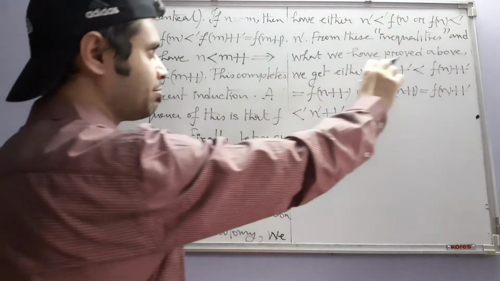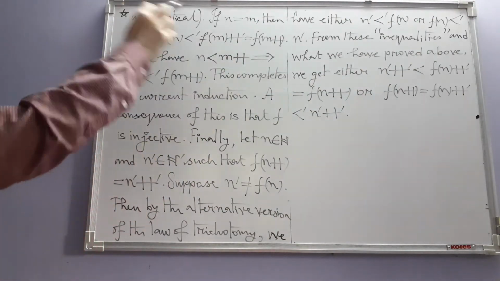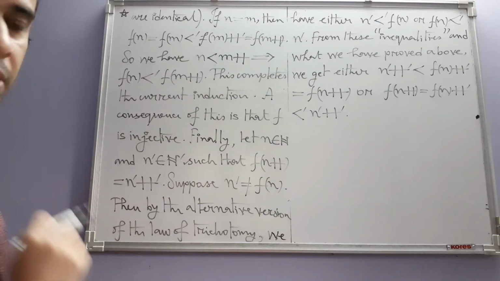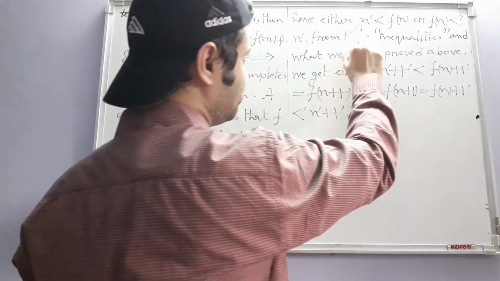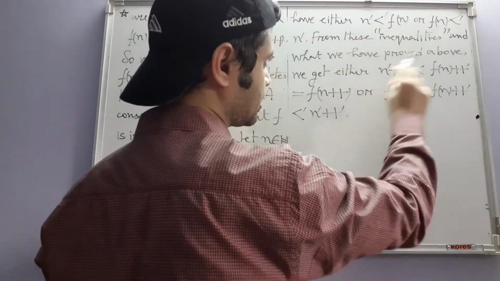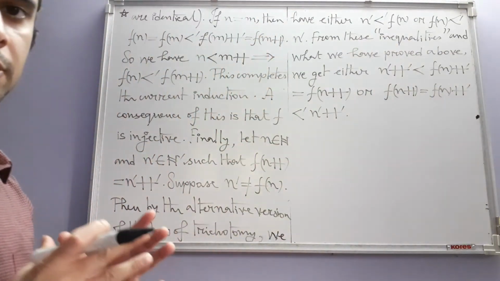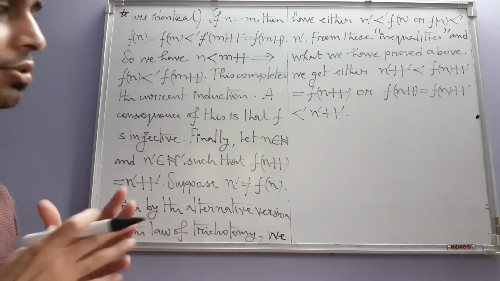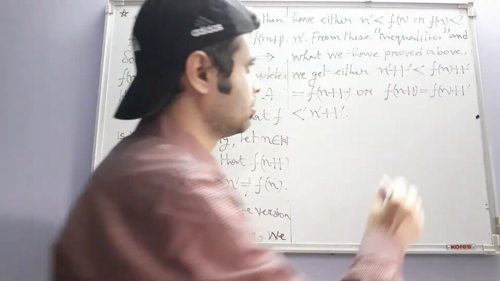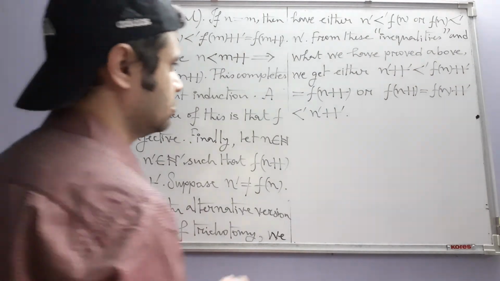By what we have proved above, that is, that order preserving nature of f, if this is less than this, then their successors also have that same order relation between themselves. This will be alternative order relation.